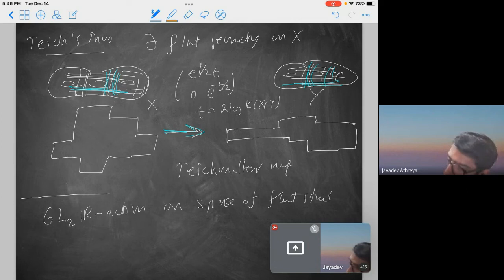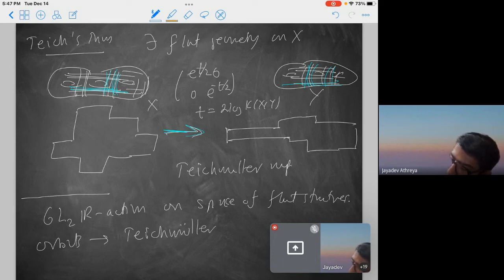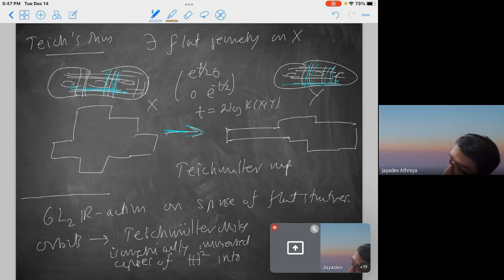You've probably heard a lot about this action. And the point is, these orbits correspond to what are called, a word you may not have heard, Teichmuller disks. These are isometrically immersed copies of the hyperbolic plane into this moduli space of genus g Riemann surfaces.